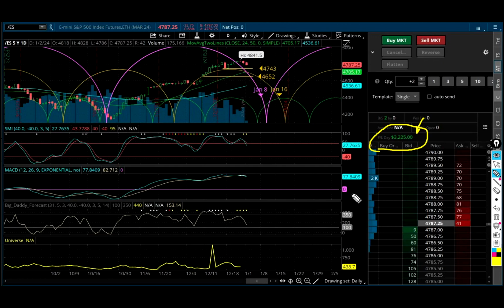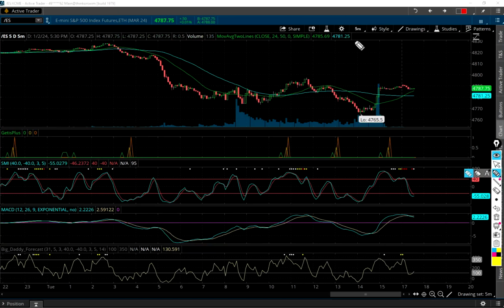But let's take a look at the trade of the day on the intraday charts. Here we are on the 5-minute chart, and I just showed my $3,200 P&L overnight trade, so let's talk about the setup.